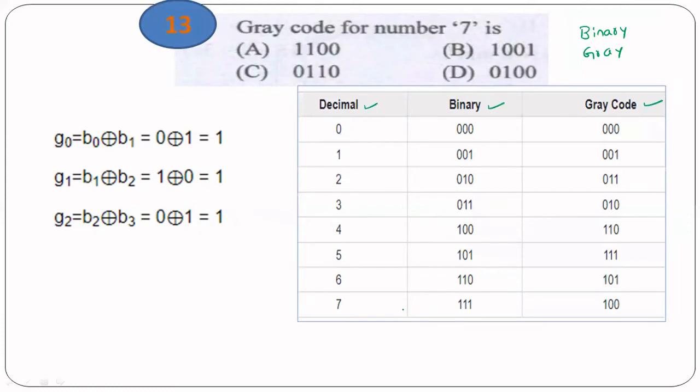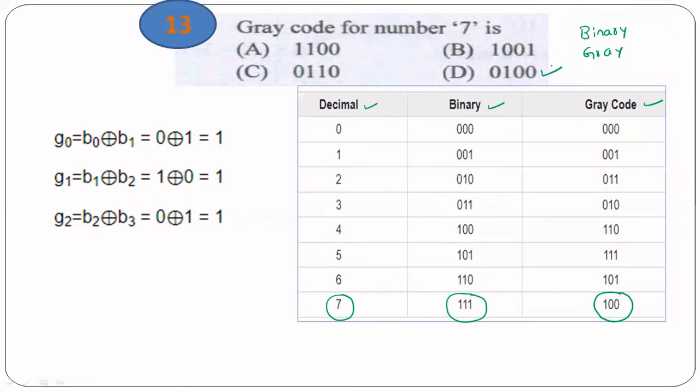For decimal 7, the binary code is 111 and the gray code is 100. By a simple comparison we can see that the correct option is D.